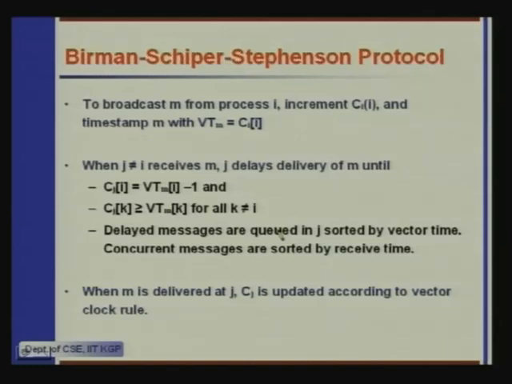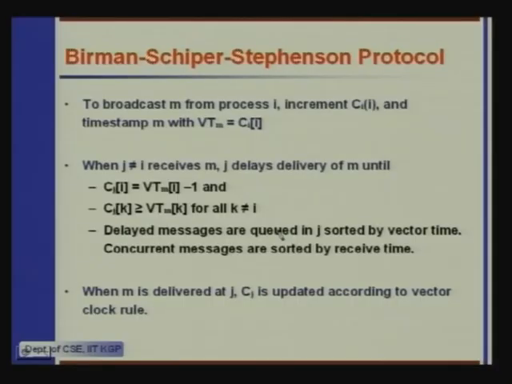Now, this is one of the protocols which is used for causal ordering of messages, to order the received messages based on their causal order. To broadcast M from process i, now this is a broadcast protocol first of all. So, every message is broadcast to all nodes, right.